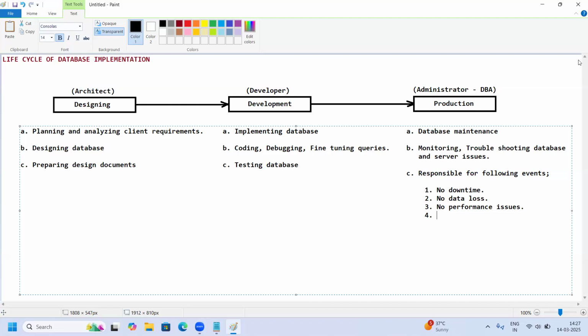The server cannot perform one way when it has less data, another way when it has huge data, and some other way when more people are working. No, that cannot be the case. In any of the situations, always make sure you never find performance issues.